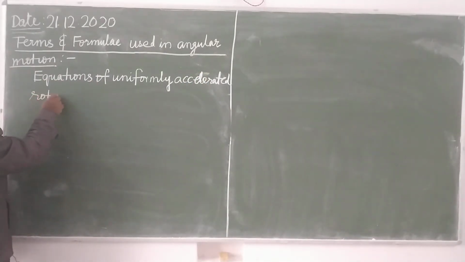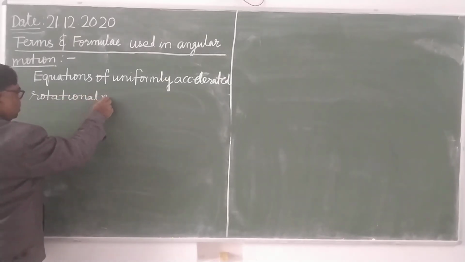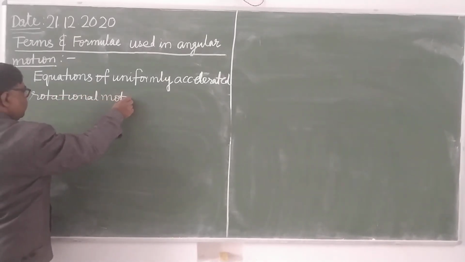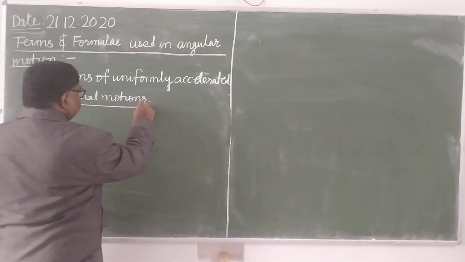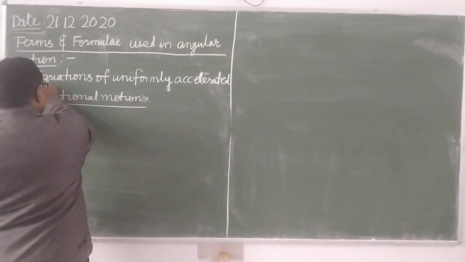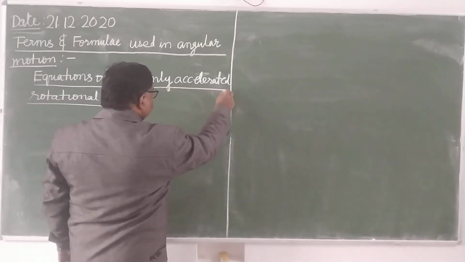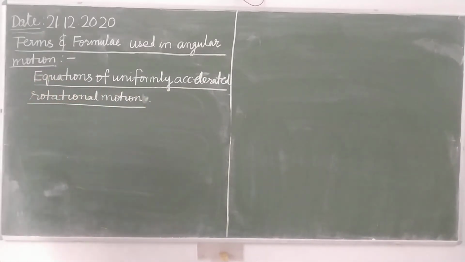Rotational motion means angular motion. Today we are discussing the kinematics part of the rotational motion. Is it clear? Dynamics of the rotational motion we will discuss afterwards. Is it clear? So, equations of uniformly accelerated rotational motion.